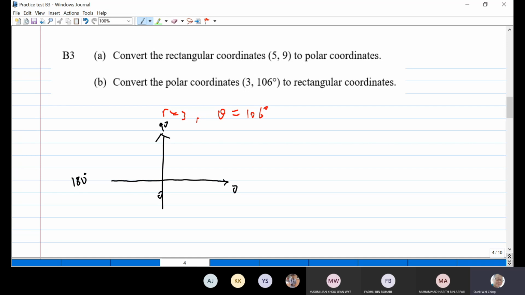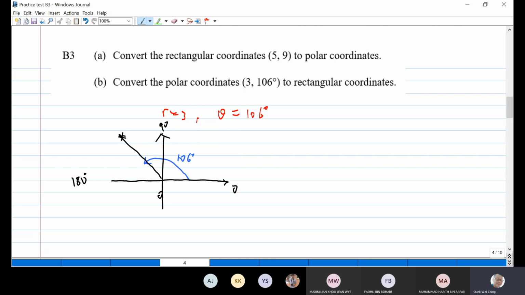Direction is 106. Direction 106 means you go here, 106 now, somewhere here, more than 90 degrees, right? 106 here, direction 106. And distance from origin is, you know direction already, so you got this direction, okay, and the distance is 3.